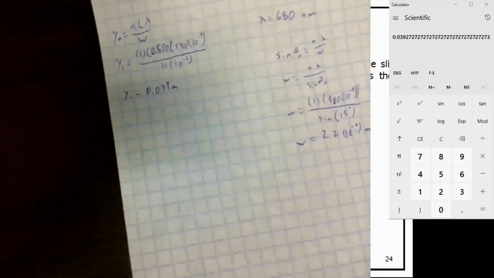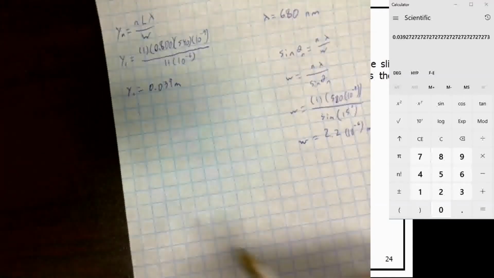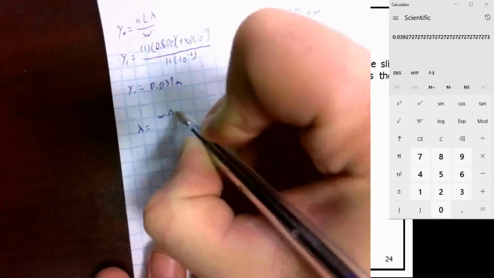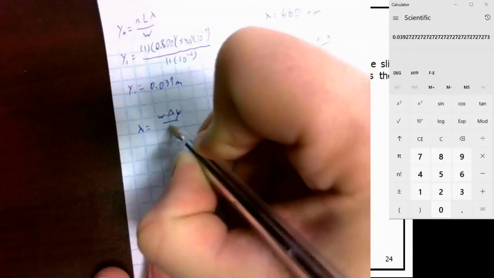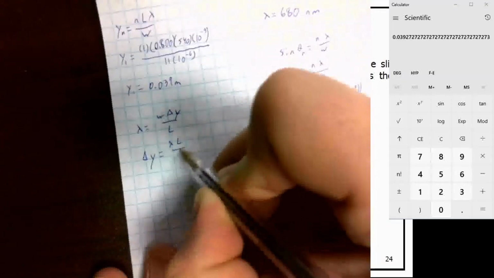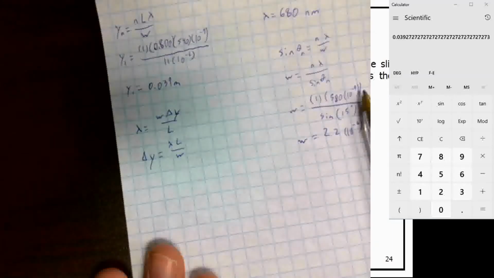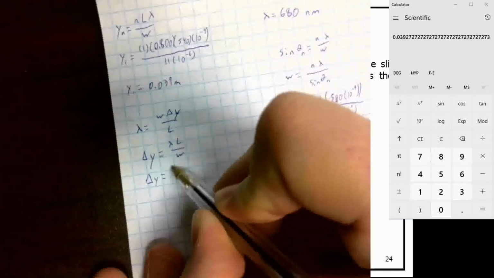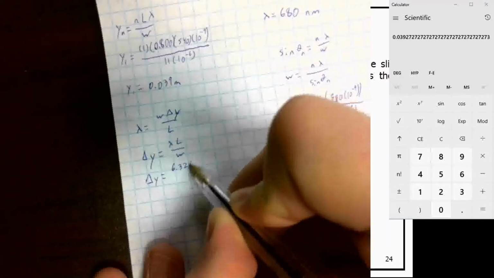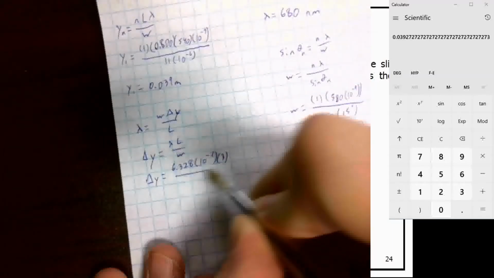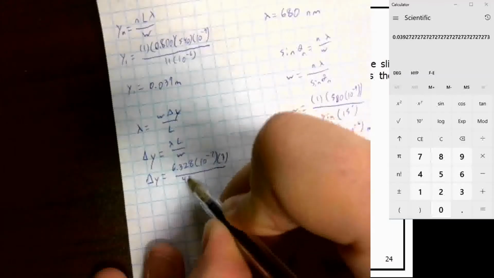We use the equation lambda equals W delta y over L, and delta y equals lambda L over W. So delta y equals lambda, which is 6.328 times 10 to the negative 7, L is 3 meters, W is 43 micrometers.